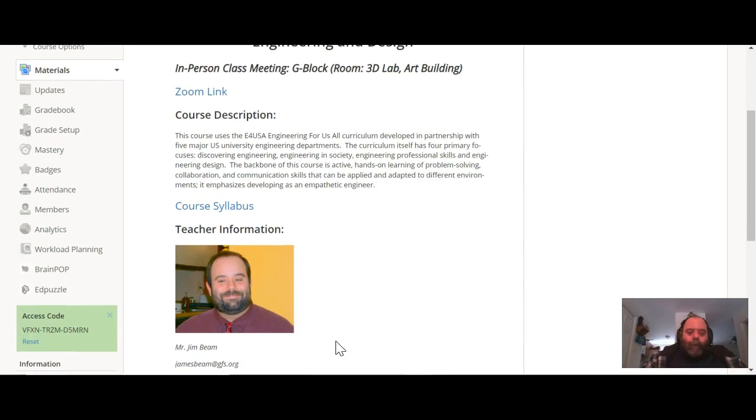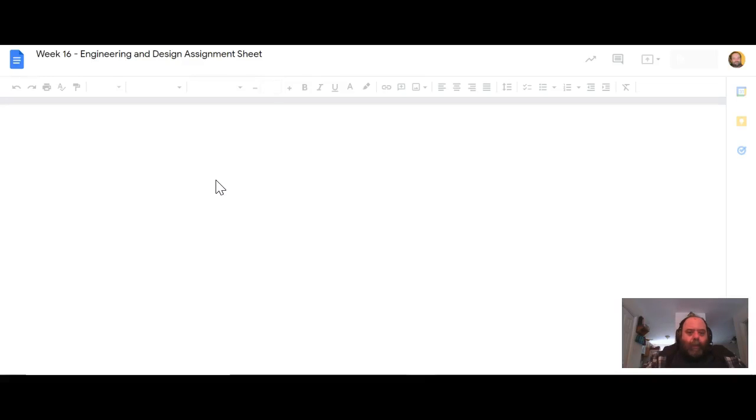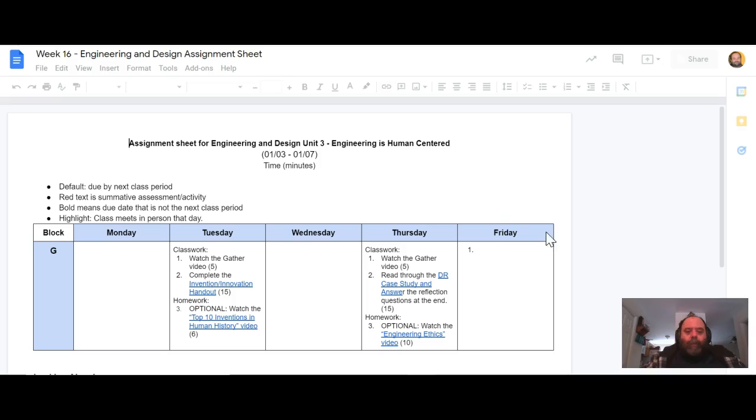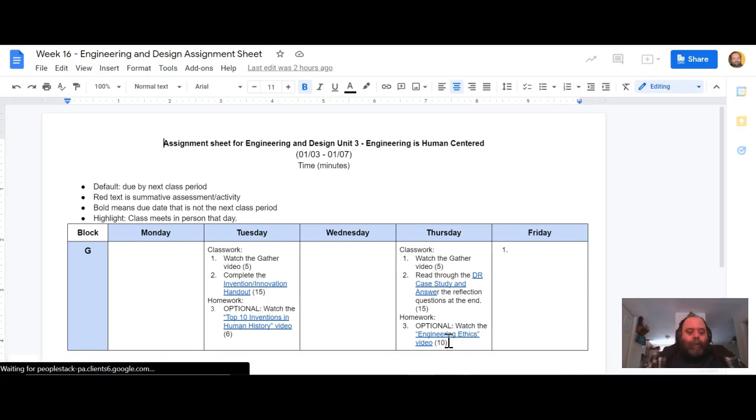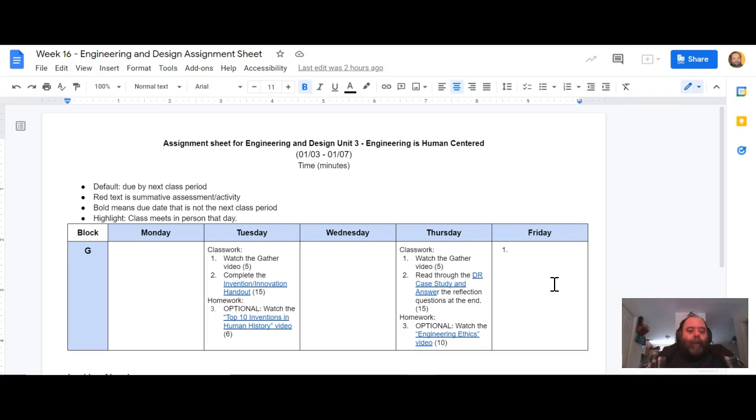When I look at the assignment sheet, here it comes: watch this video, work through the case study, and if you've got some extra time, watch this engineering ethics video there. Note, Friday went from yellow to white. We will not be in class on Friday, so sorry about that. We'll start prototype building next week. But that's it. All right, so hope to see you early next week.